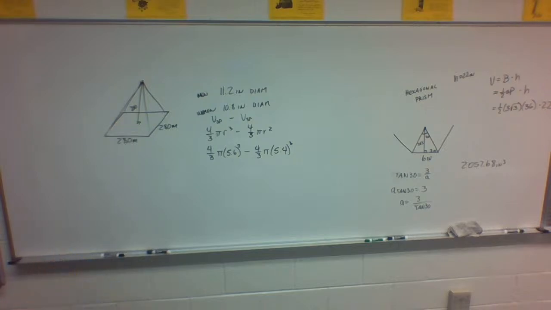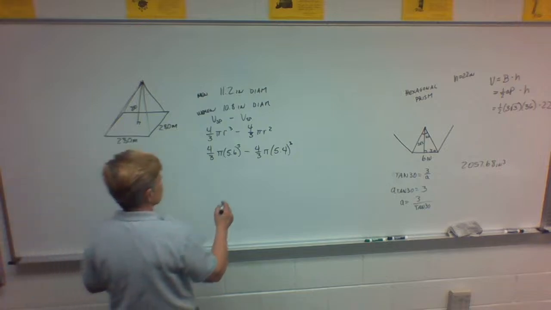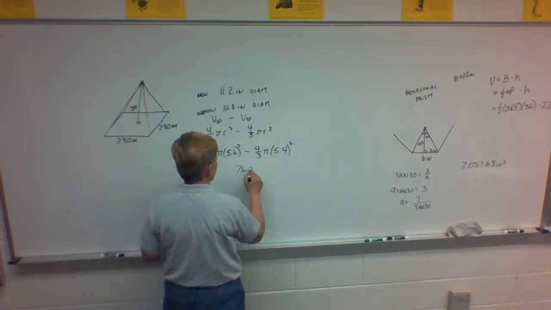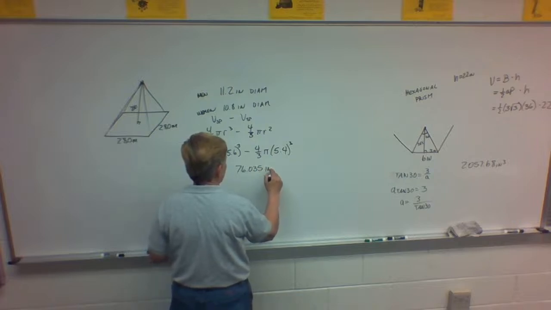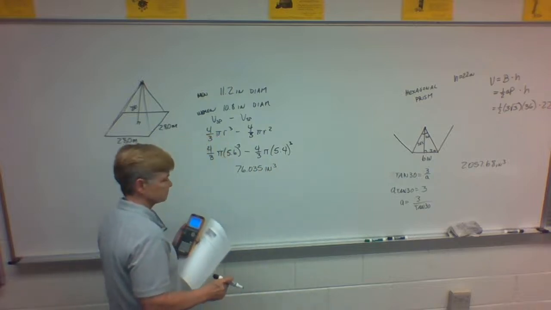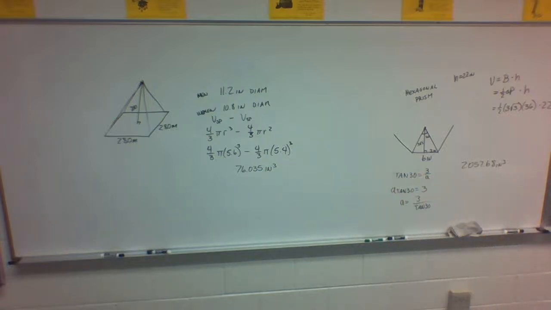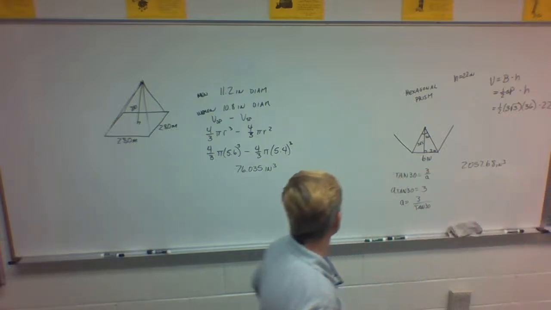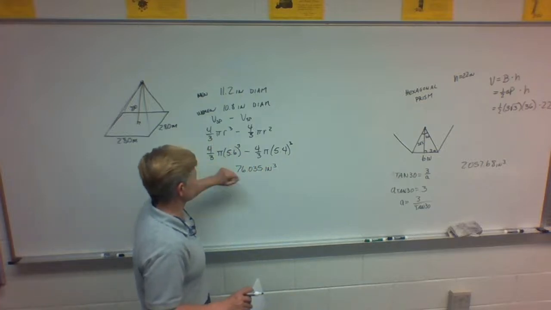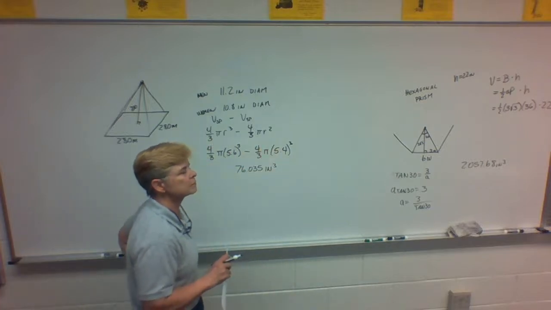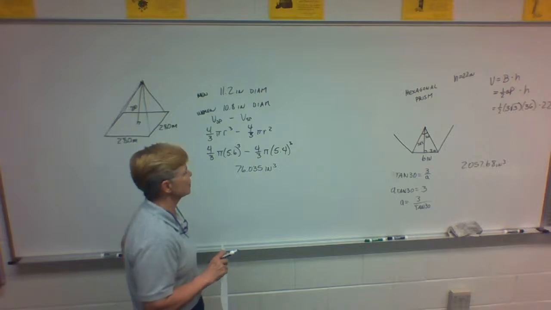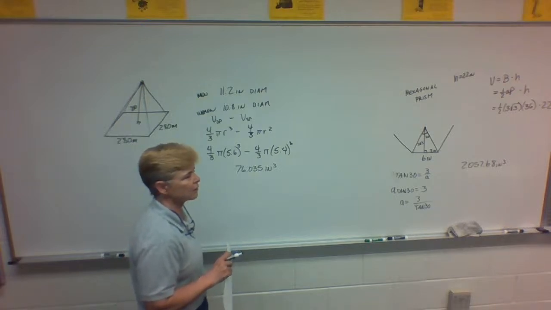That what you're getting? Maybe I'm wrong. That's because I punched it all in at once. What I would do if I were you is find that and write it down, then find the other and write it down, and do the subtraction in another step. Trying to do it all at once, you may make a mistake.